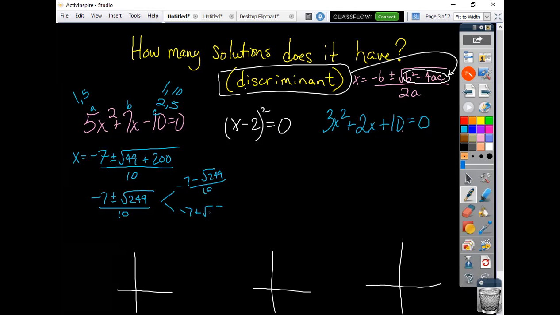And those are going to be my x-intercepts. So if I do that, -7 minus the square root of 249, get that answer, divide it by the 10, and I got around a -2.3-ish, so, you know, over here.